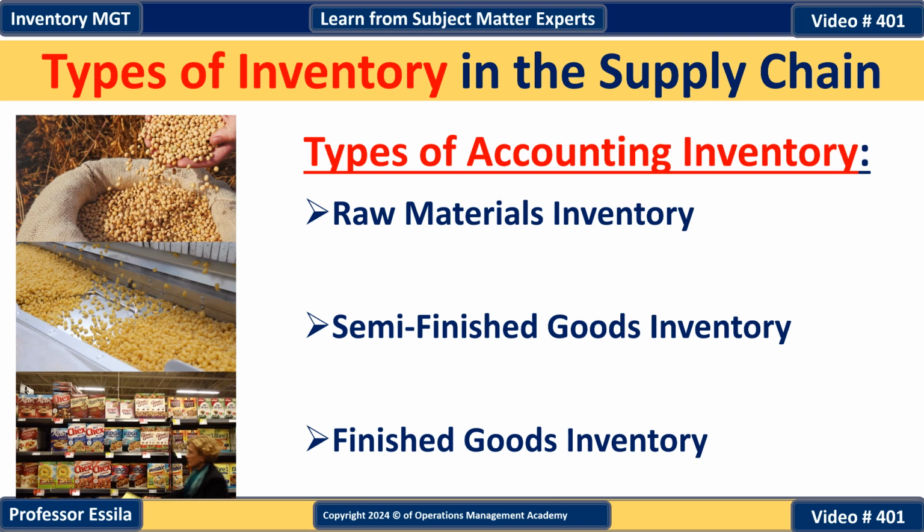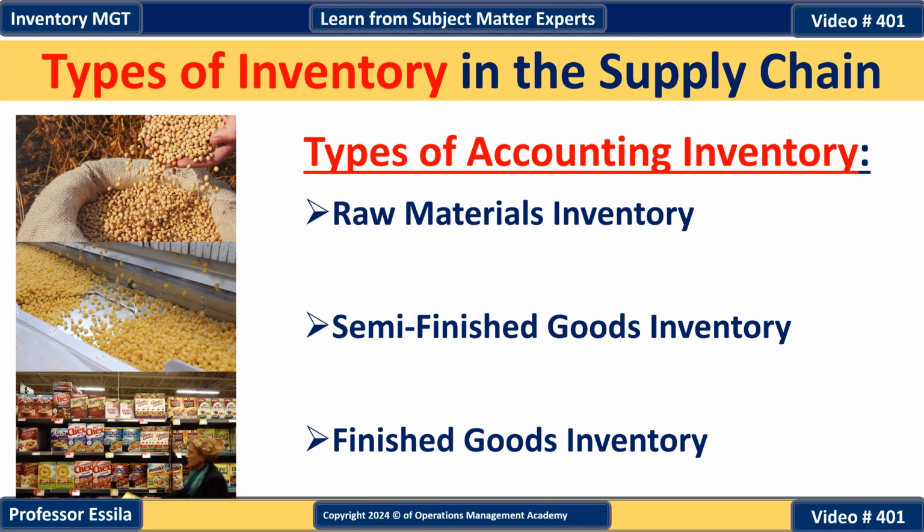For example, raw materials inventory for cereals includes the unprocessed grains and ingredients used to produce the final cereal products. An example of raw material here will be the wheat and corn used by a cereal manufacturer like Kellogg's. Before these grains are milled, cooked, and combined with other ingredients, they are part of the raw materials inventory.